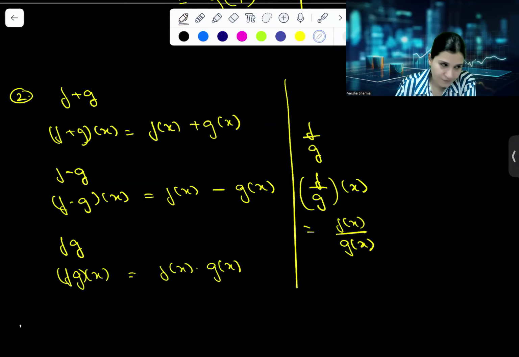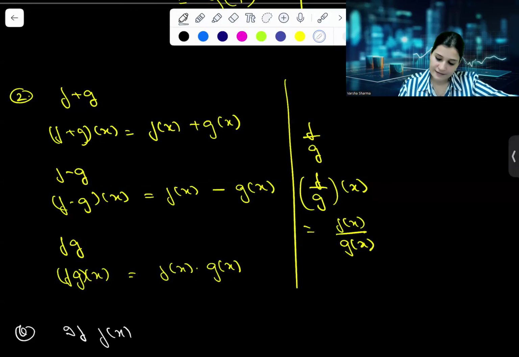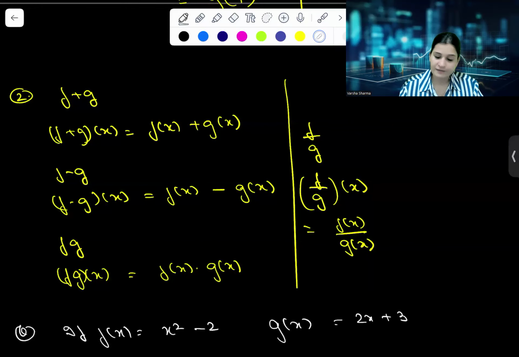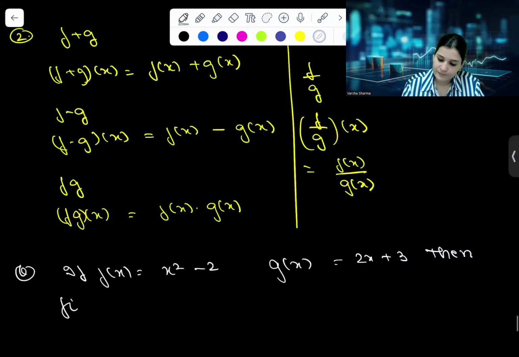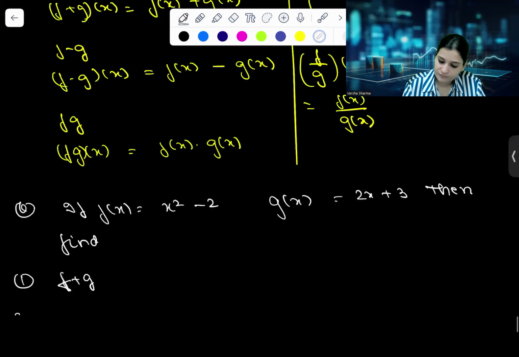Example. If f of x is x square minus 2, g of x is 2x plus 3, then find number 1, f plus g. What is the meaning of that? I'm asking you to find f plus g of x.